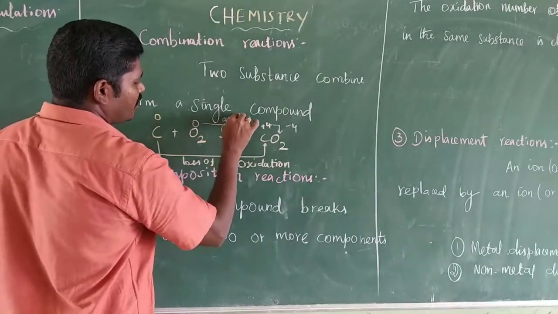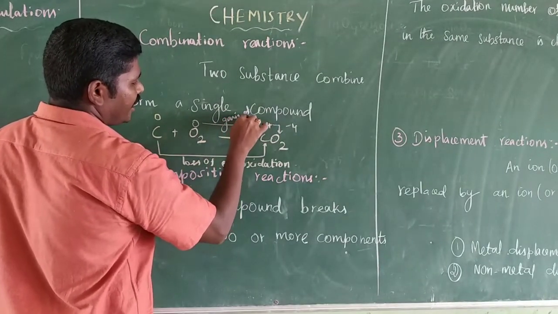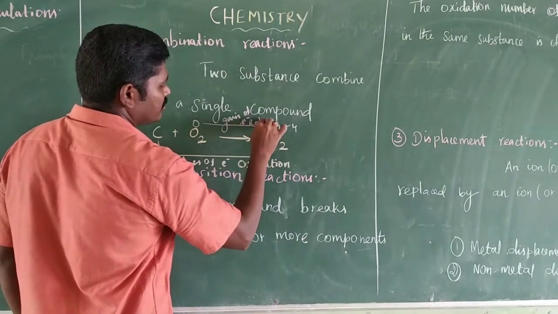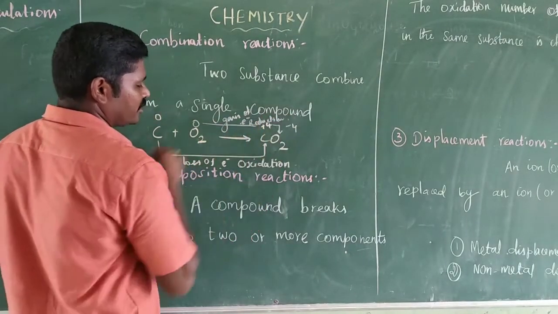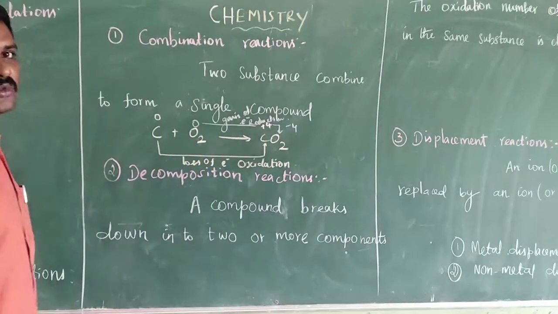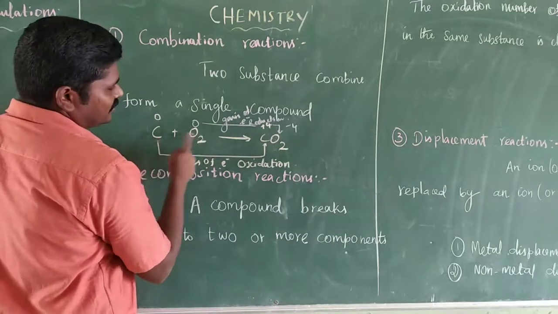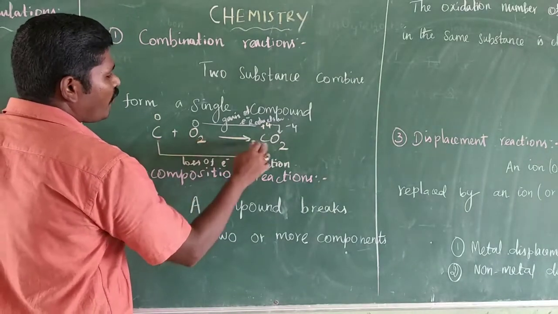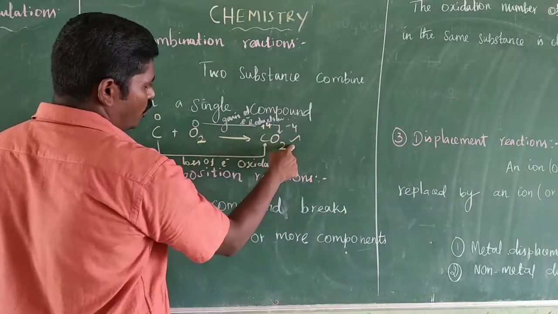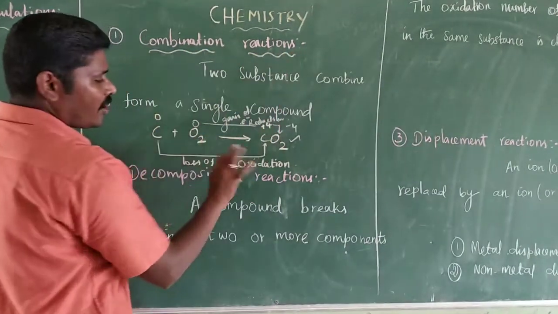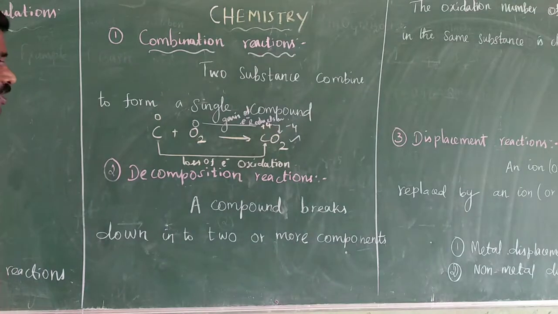Gain of electron is reduction. The redox reaction in which two substances combine to form a single compound is called combination reaction.